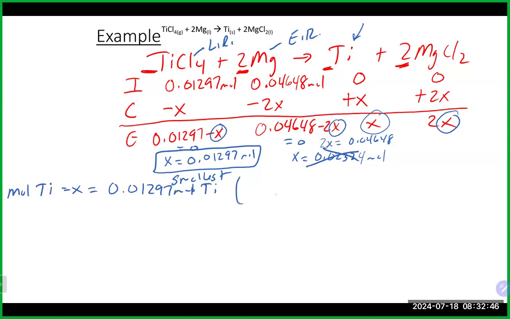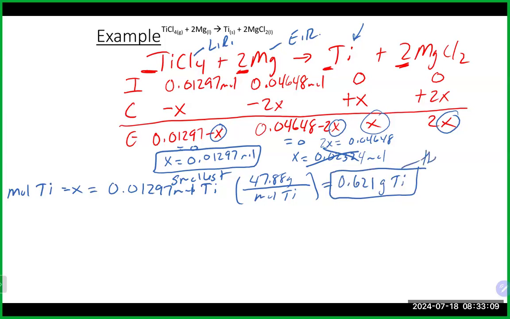We now can use the molar mass, which was, I believe, 47.88 grams per mole of Ti, and get that into grams. So we'll go 0.01297 times 47.88. Going to give us 0.621, and that is going to be grams of Ti. That also will be our theoretical yield. Any questions on that there?